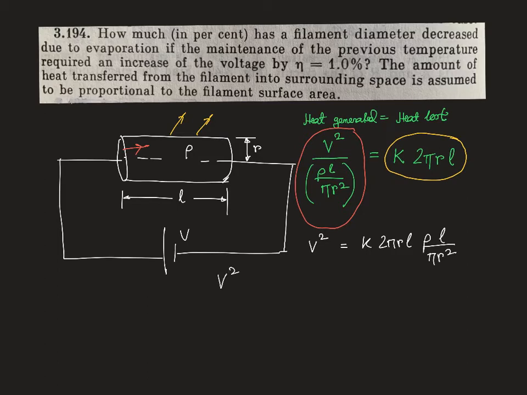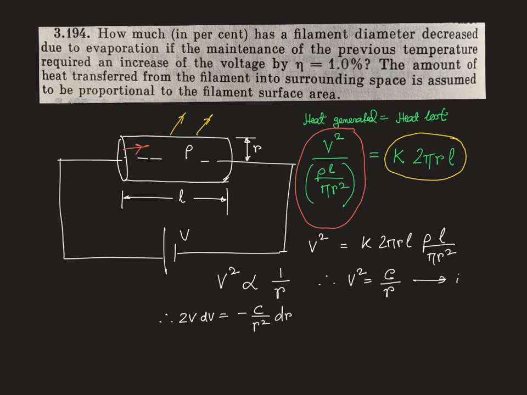So actually V square is proportional to 1 upon R. So let me write it in terms of a constant: V square is equal to some constant C divided by R. Therefore 2V dV is equal to minus C by R square times dR.